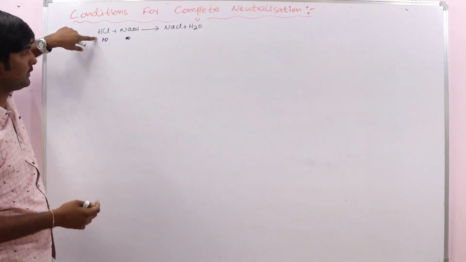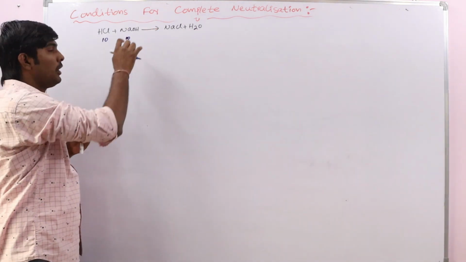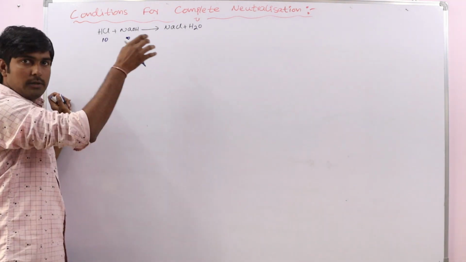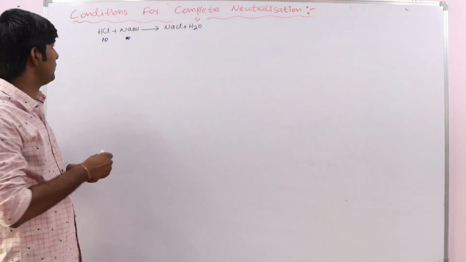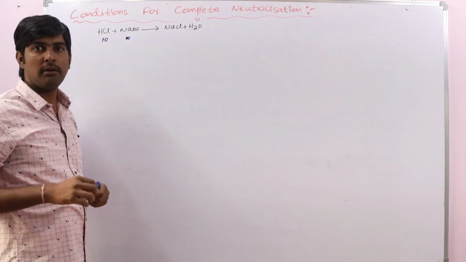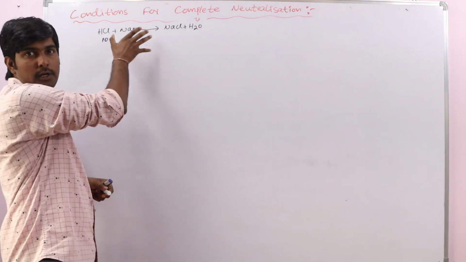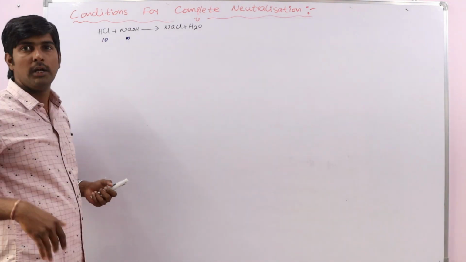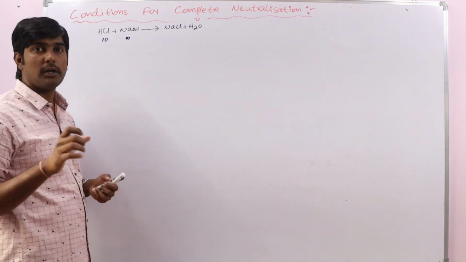Slowly the added HCl molecules one by one react with sodium hydroxide. When we add 10 HCl molecules, the total NaOH molecules are neutralized by the HCl which we are adding, yes or no? So the point at which total base is reacted with the acid which we are adding is the equivalence point. Okay, or at that condition what is happening?